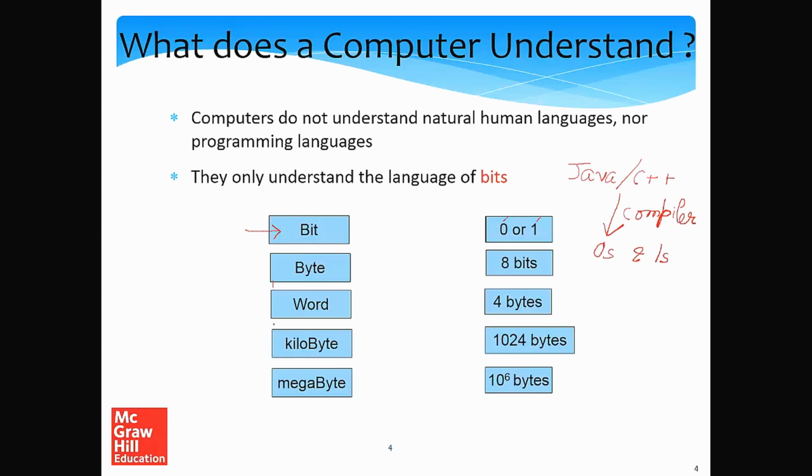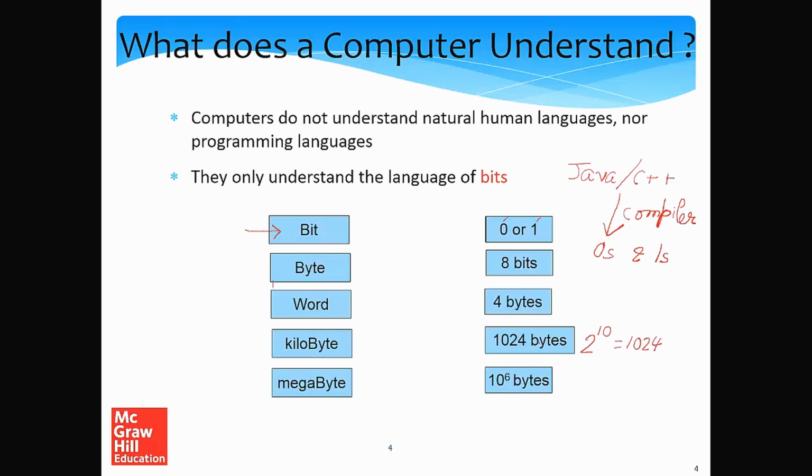And a kilobyte, so kilo here means 1000, is defined as 1024 bytes. Why is 1024 interesting? As we shall see, 2 raised to the power 10 is equal to 1024, and this gives us some interesting properties to reason about such systems.